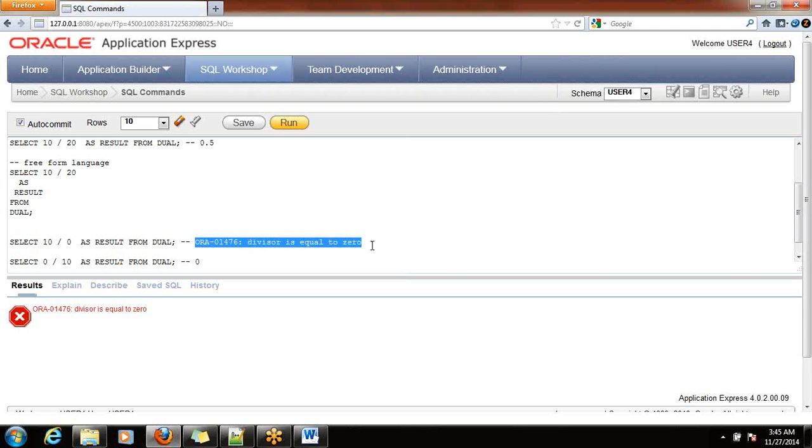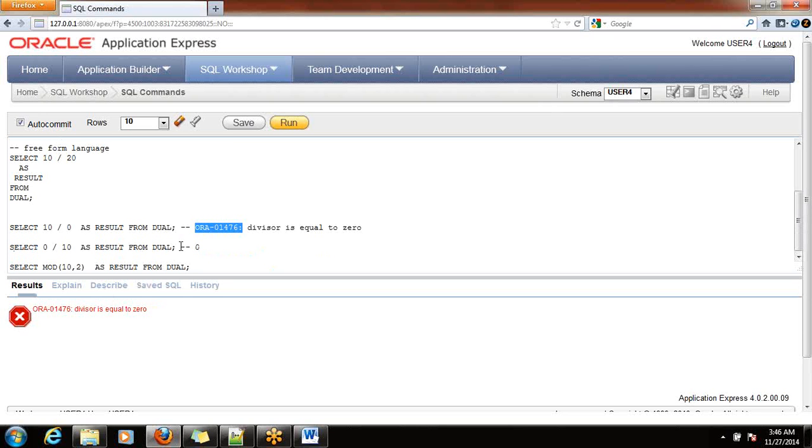It's an Oracle error, and Oracle errors are displayed with an error code, colon, error message. ORA-01476 is the error code, and divisor is equal to 0 is the error message.